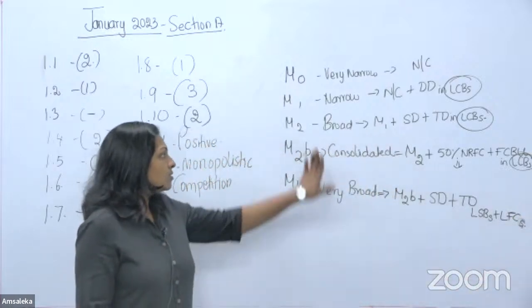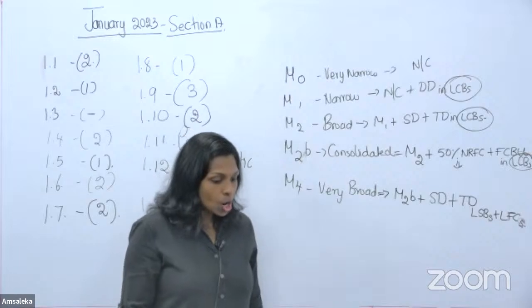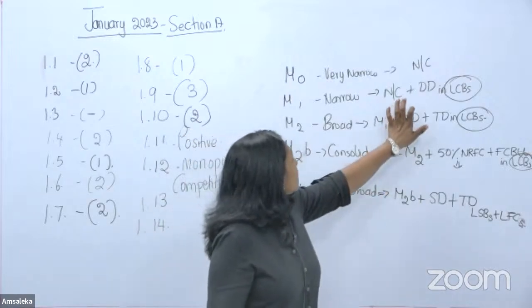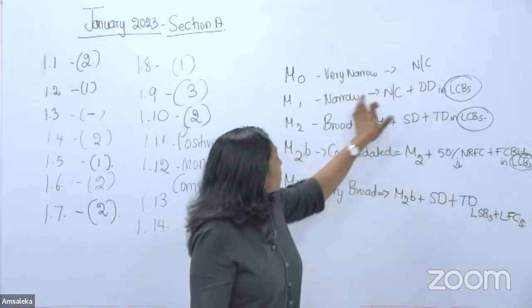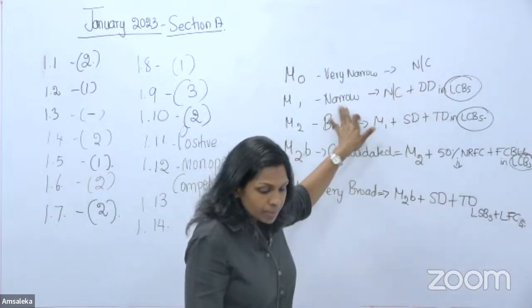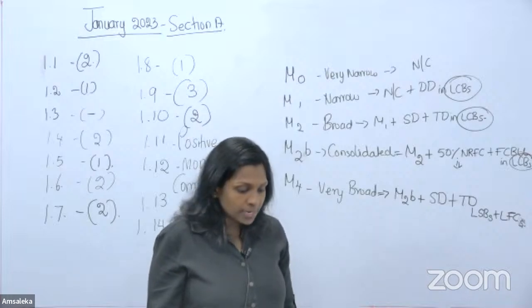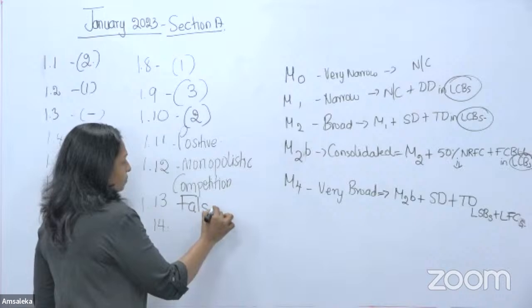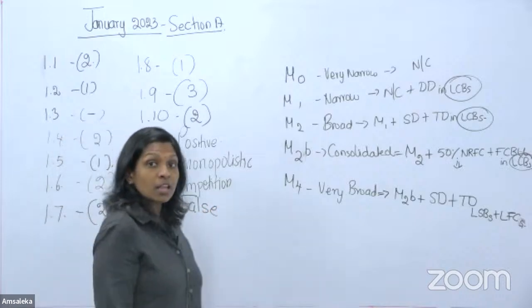So you have to remember this accordingly. Currency held by public and demand deposit is narrow money supply, but they mentioned broad money supply. Therefore, the answer is false. 1.13 false.